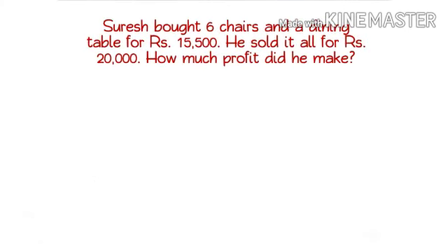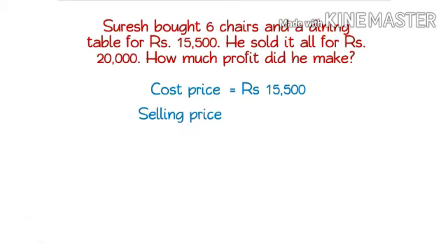Suresh bought 6 chairs and a dining table for rupees 15,500. He sold it all for rupees 20,000. How much profit did he make? Here, the cost price is rupees 15,500. The selling price is rupees 20,000.